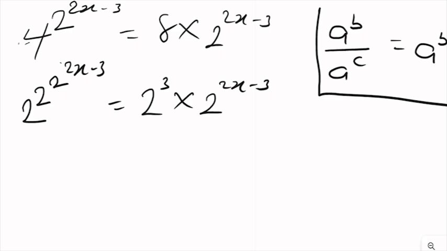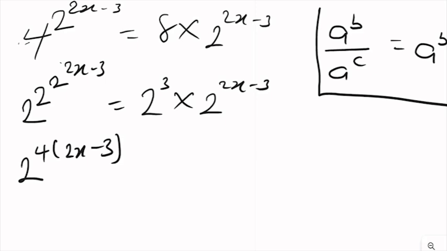And looking at what you have on the left hand side, this actually follows the first rule that I stated at the beginning of this tutorial. So if you've been following, this becomes 2 raised to the power, just multiply all the parts together. So we have 4 into 2x minus 3.